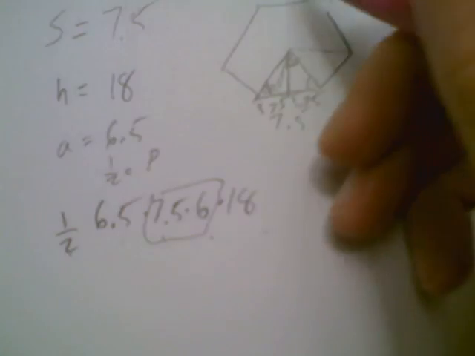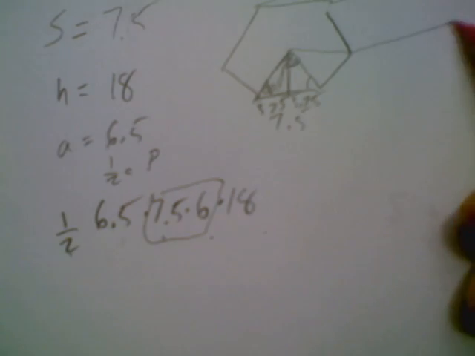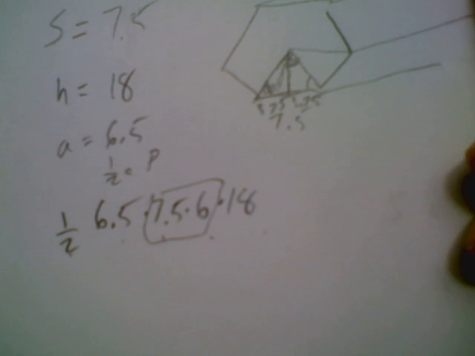So let me actually draw a prism to show you that that's what that is. It's not going to be a very good one, but you all should be used to this. That's going to go out that way. That's better. There we go. It's not very good, but you should be used to it by now.